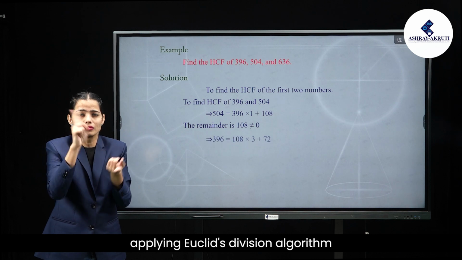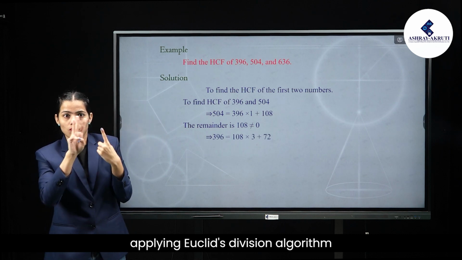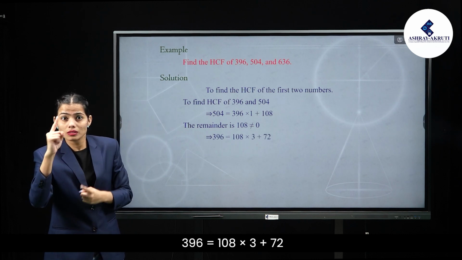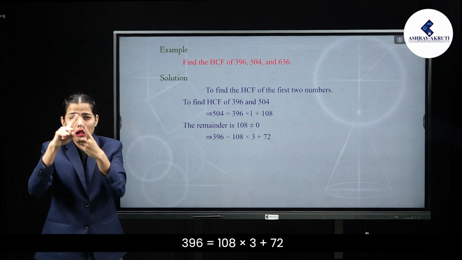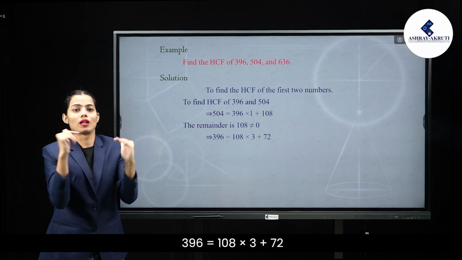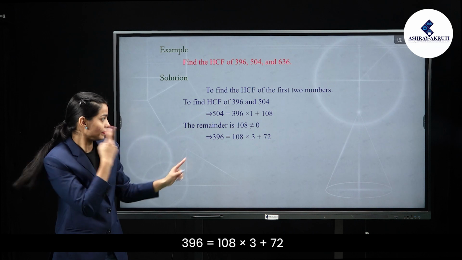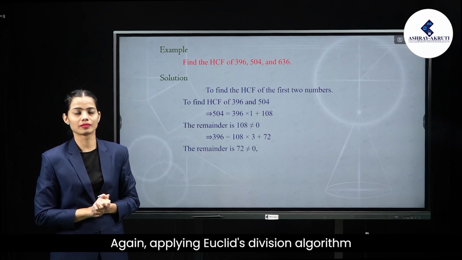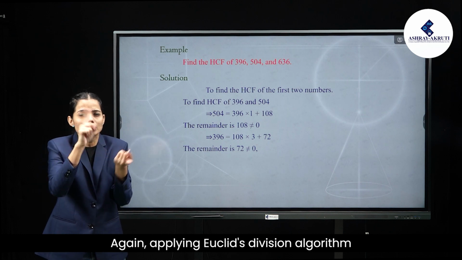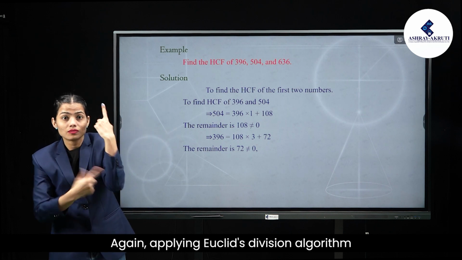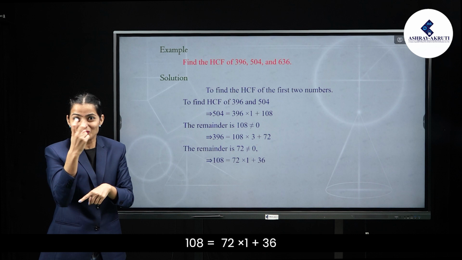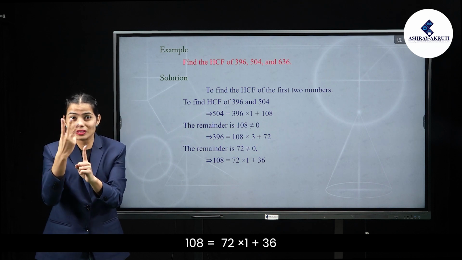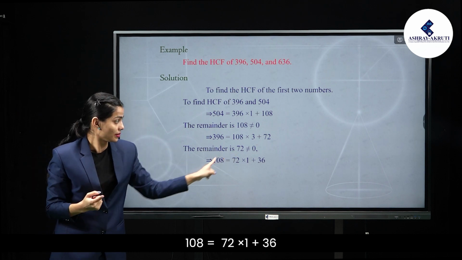Again, applying Euclid's division algorithm, 396 = 108 × 3 + 72. The remainder 72 is not equal to 0. Again, applying Euclid's division algorithm, 108 = 72 × 1 + 36.